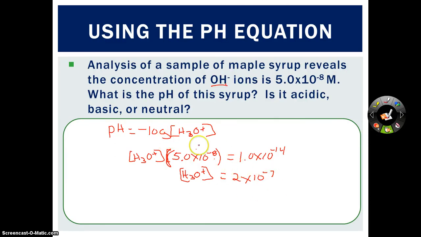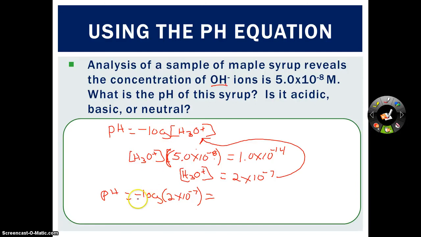Now this is what goes in to here. So pH is equal to the negative log of 2 times 10 to the negative 7. You probably remember definitions of logs and are hopefully familiar with how to use them in your calculator from advanced algebra, but this is a log base 10, so it's just the log button on your calculator, because remember, it's 10 times change every time.